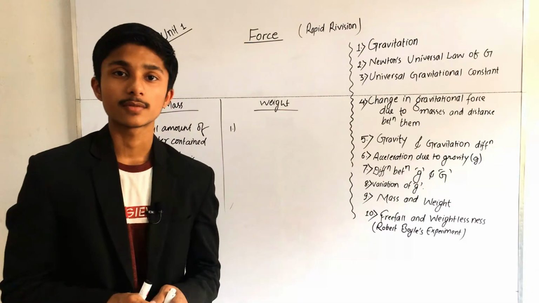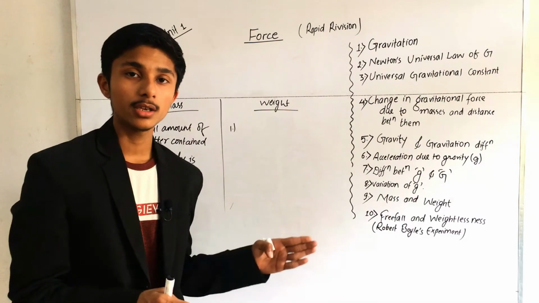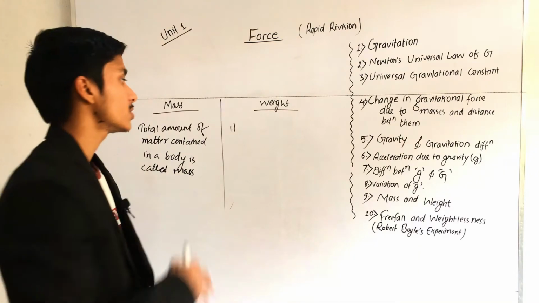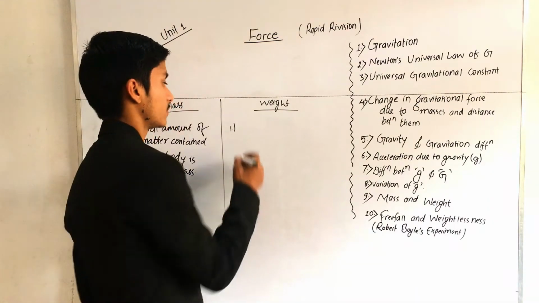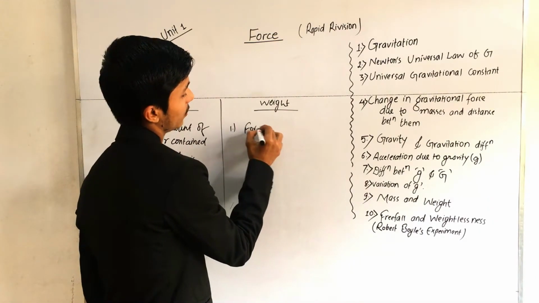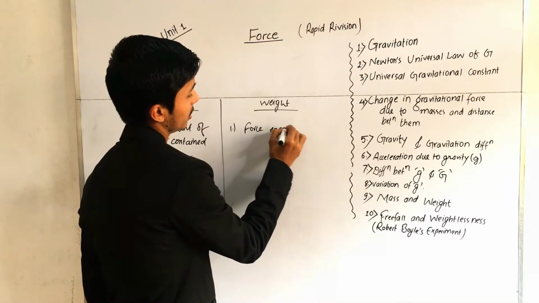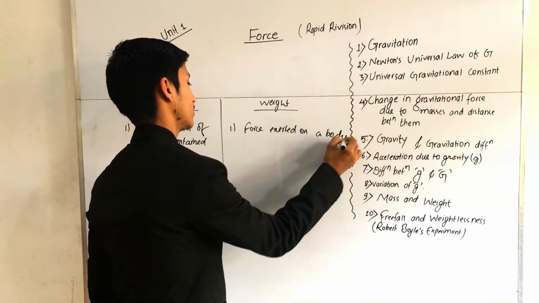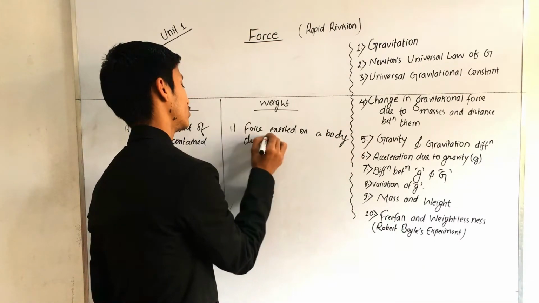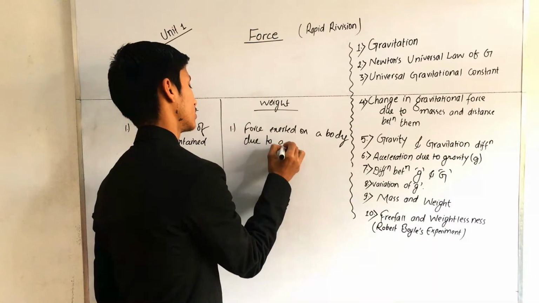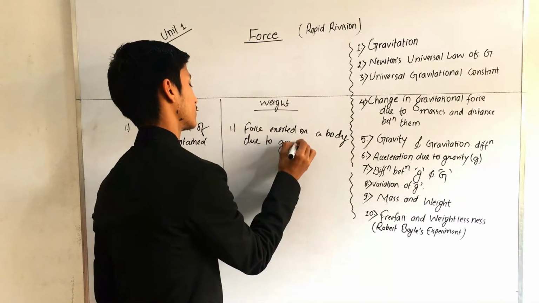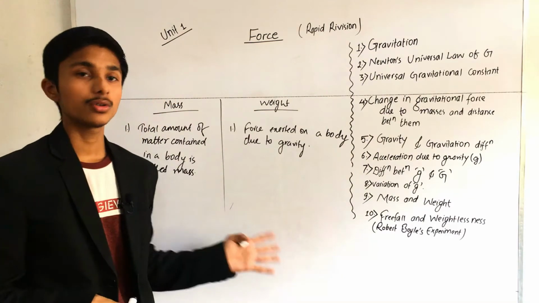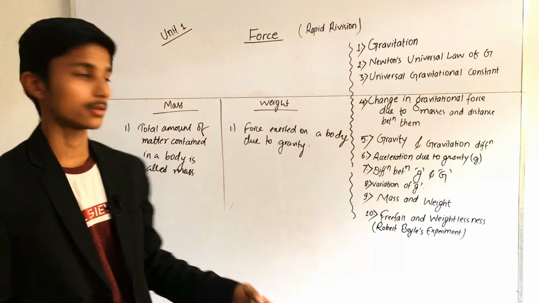Weight. What is weight? This is the force on a body exerted due to gravity. We can write force exerted on a body due to gravity. Force exerted on a body due to gravity is called weight.